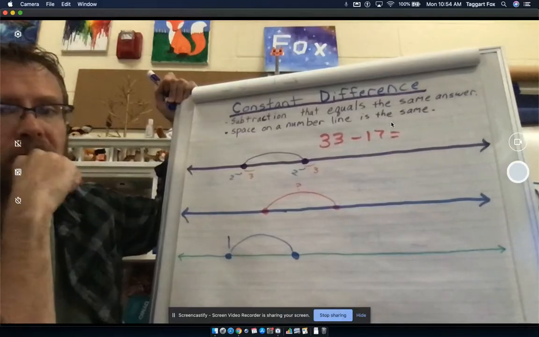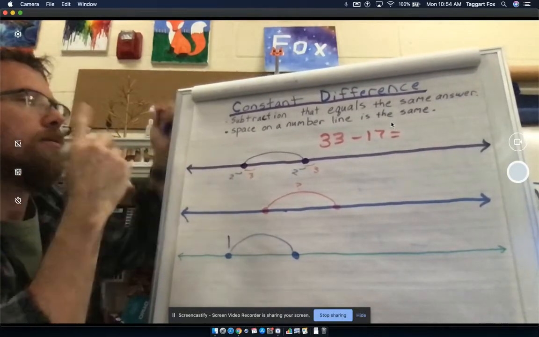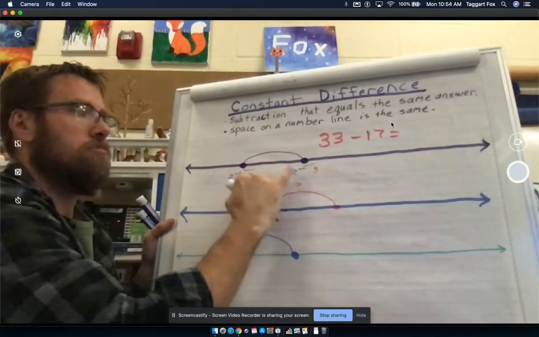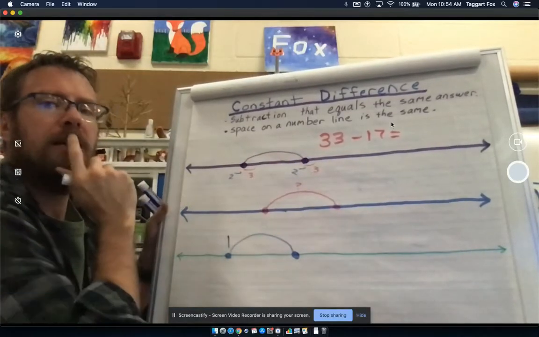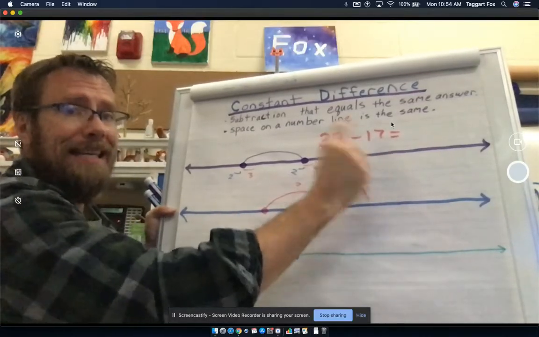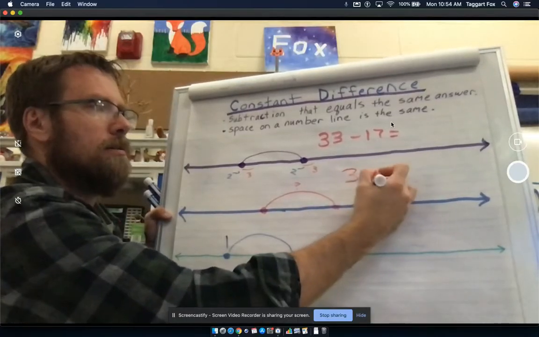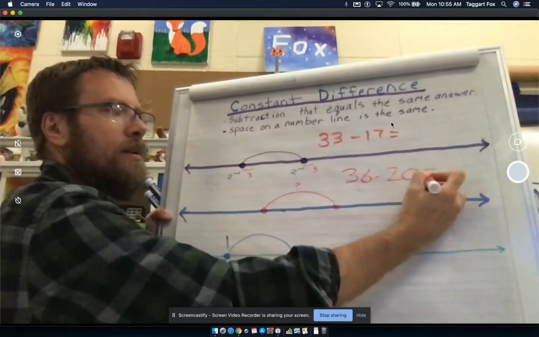Okay? And that's not necessarily easy to do. So let's take them both up 3. And the reason I would want to go up 3 here is to make this one an easy 10. So up 3 makes 36 minus 20.